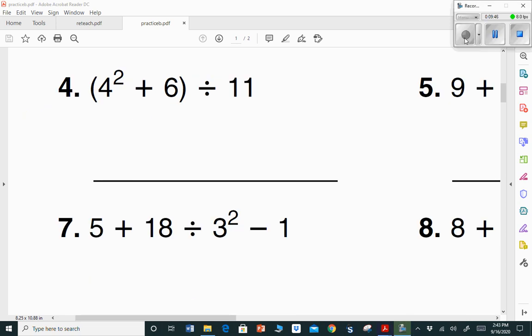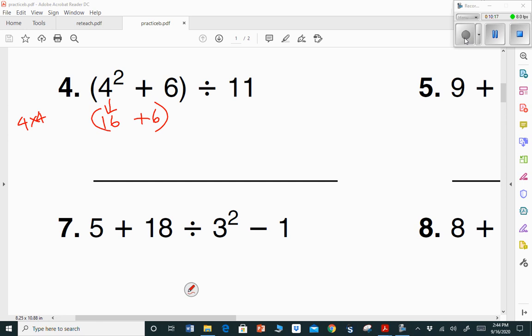Let's do one more, number 4. It's got exponents and parentheses also. So we're going to do what's in the parentheses. There are two things to do. There's an exponent and there's addition, exponent comes first. 4 squared is 4 times 4, 2 of them, makes 16.